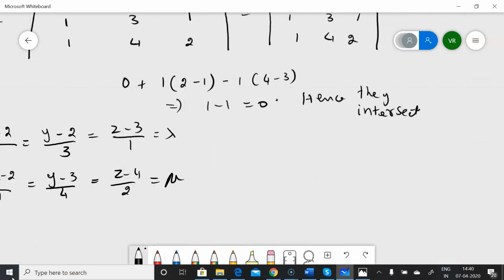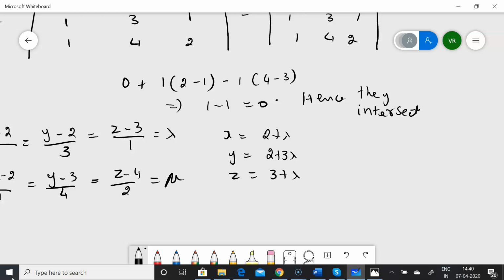So from this I get the coordinates to be x equal to 2 plus lambda, y equal to 2 plus 3 lambda, and z equal to 3 plus lambda. Same way, when I equate the other line, I'll get x equal to 2 plus mu, y equal to 3 plus 4 mu, and z equal to 4 plus 2 mu.